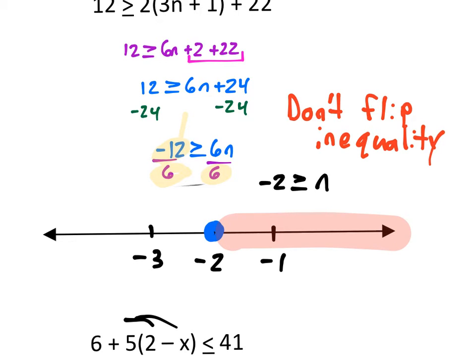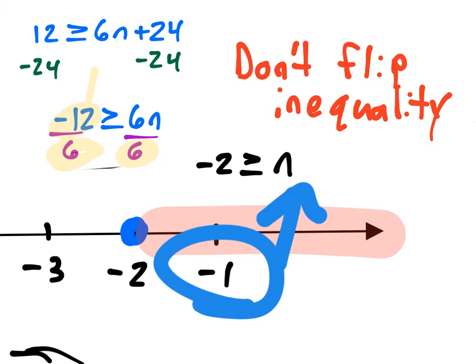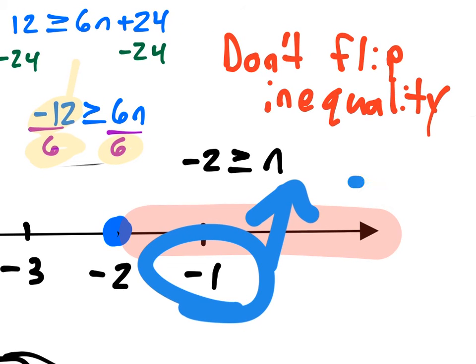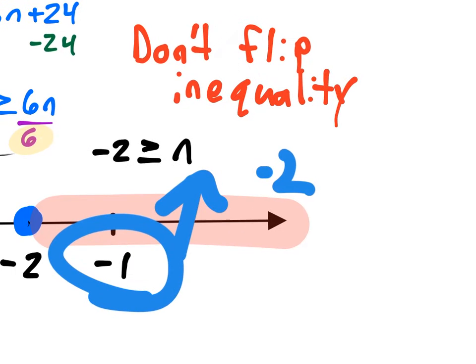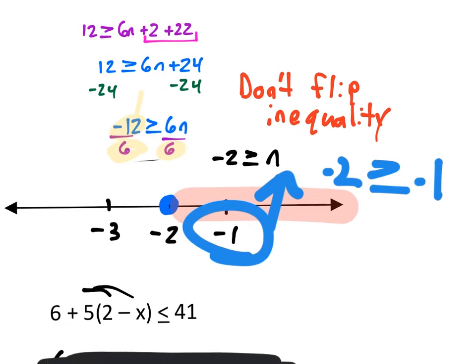Oh, but let's double check here. See if that's correct. Remember, what you can always do here is take a number and plug it in. So on this, if I had negative 2 is greater than or equal to negative 1, which is the way I currently have shaded, we would say, hey, that isn't a true statement. Negative 2 is not bigger than negative 1.